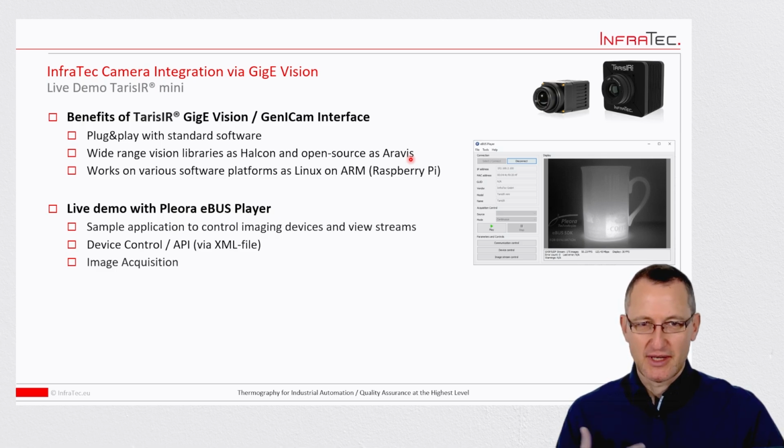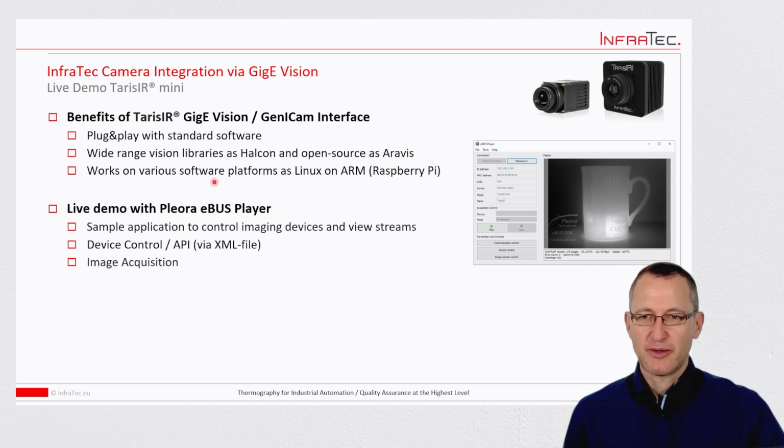And with this software, our cameras can be used on a wide range of software applications and platforms. Besides Windows, it can be used on Linux, and also, as an example, Linux on ARM is used with the Raspberry Pi. We have customers using our camera with the Raspberry Pi, for example.